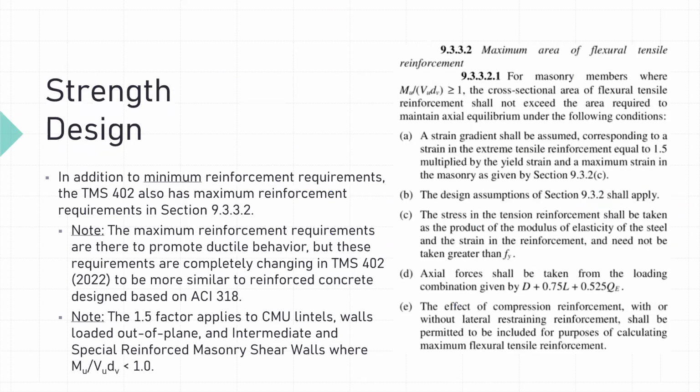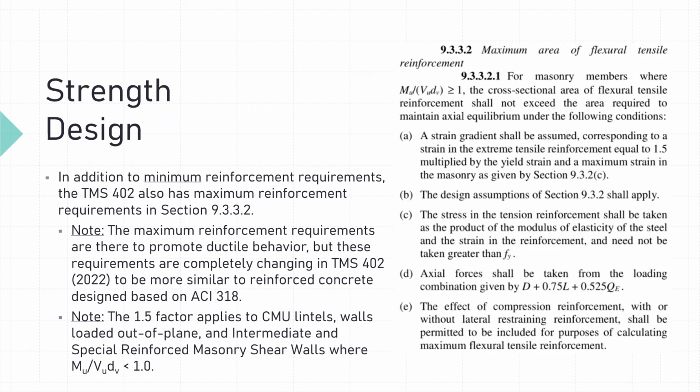In addition to our minimum reinforcement requirements, we also have maximum reinforcement requirements, which are in section 9.3.3.2. And our maximum reinforcement requirements are really there to promote ductile behavior. But I did want to note here that we are completely changing those requirements in our 2022 version of our TMS 402.